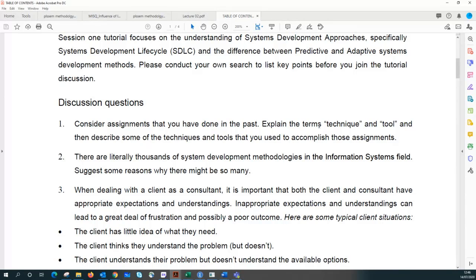All of this is called technique. We can say they are the guidelines or instructions to complete some activity within a system development life cycle.